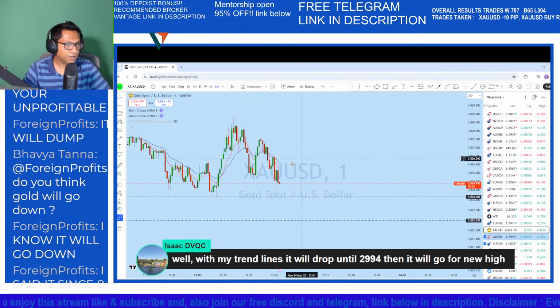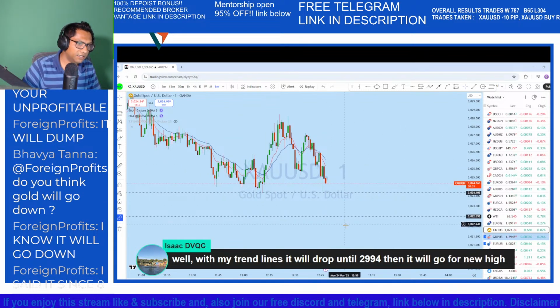There is a 1 minute bearish engulfer here, so I would like to see that it's breaking below.